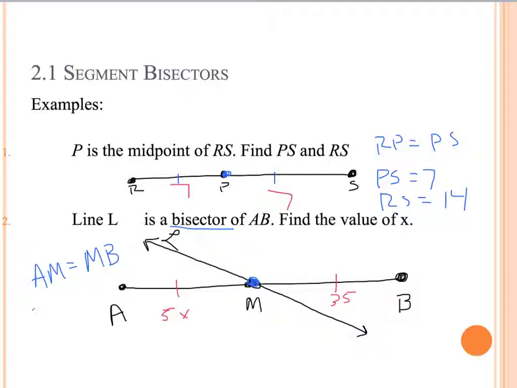So that tells me that 5x is equal to 35. All right, and when we divide by 5 on each side, because we do the opposite, our answer is going to equal 7. So x is 7. All because we know what a bisector is and what our congruent tick marks mean.